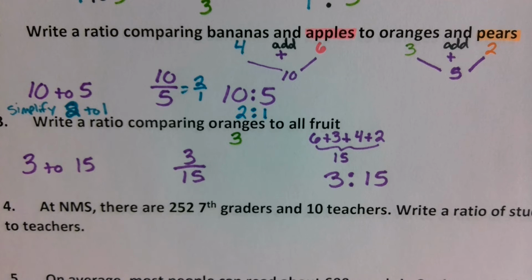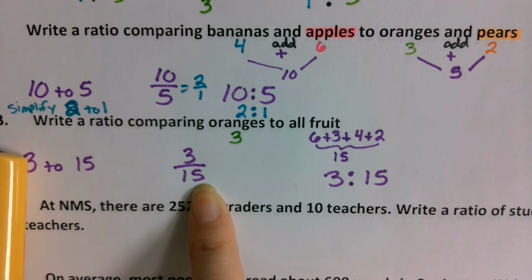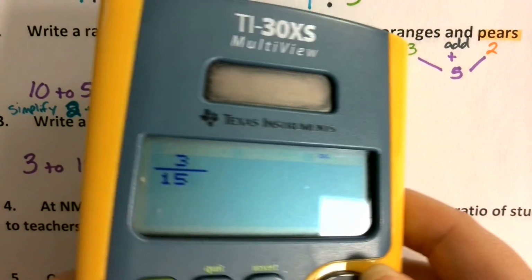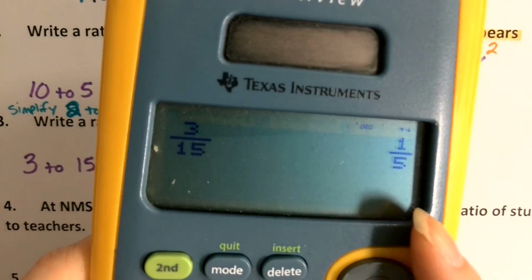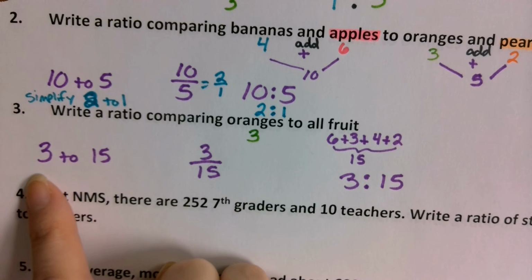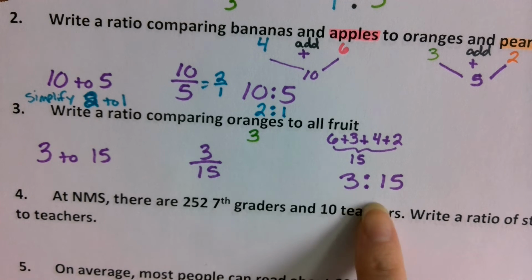And it's easy to see it, because you can type a fraction into your calculator and hit enter to see if it simplifies. Here's 3 over 15 in my calculator. If I hit enter, it simplifies to 1/5. So I know that I could simplify this to 1 to 5, 1 over 5, 1 colon 5.